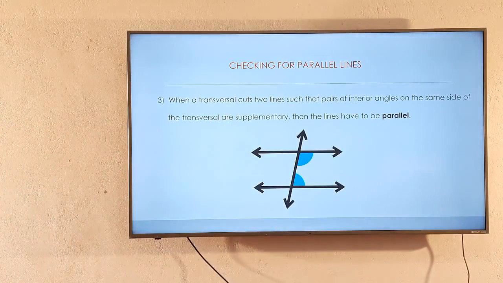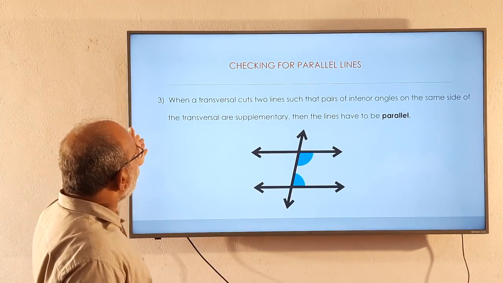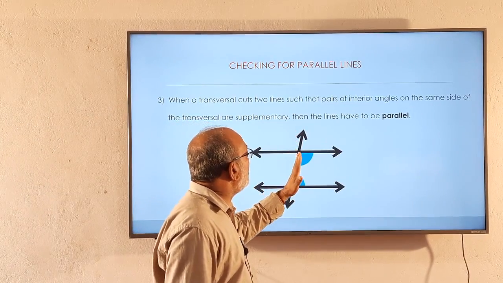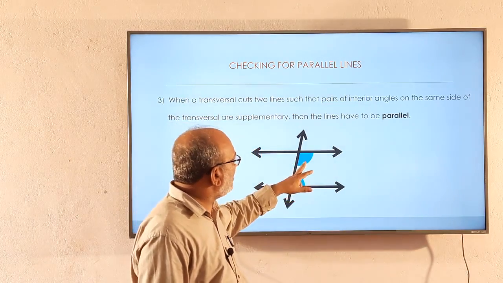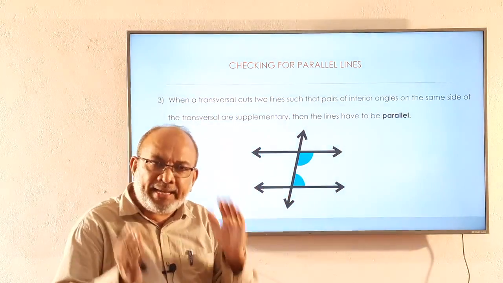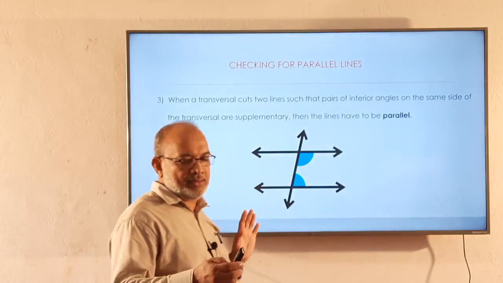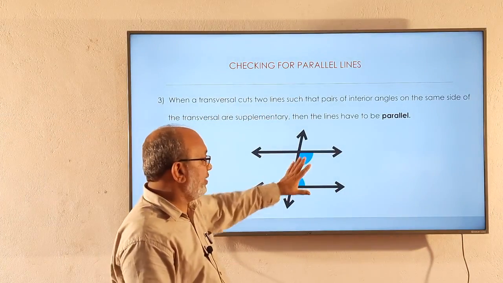Okay. Next, when interior angles on the same side of the transversal are supplementary, if the sum total of the measure of these two angles is 180, then these two lines are parallel. Okay. It is not equal but supplementary.